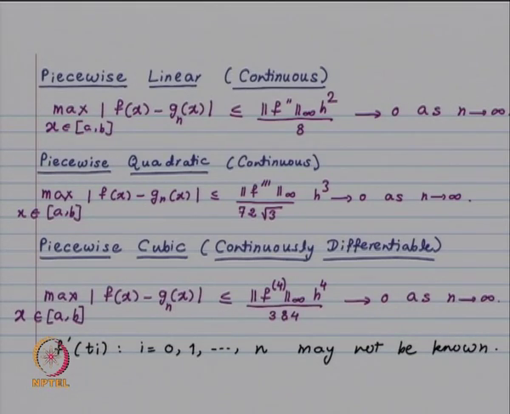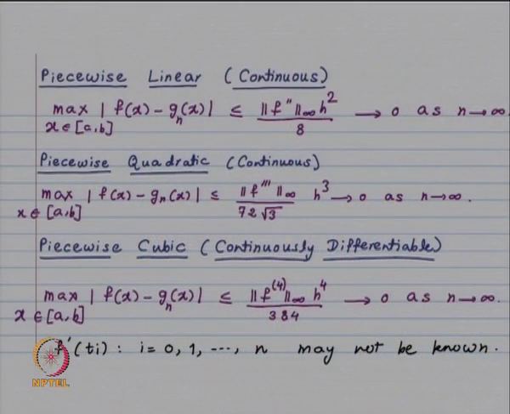So, the constants in the three cases are going to be different, but these are constants which are independent of h. In case of piecewise cubic Hermite interpolation, we have the error to be a constant times h raised to 4, which will tend to 0 faster than in the case of piecewise linear and piecewise quadratic polynomials, and in addition our function is continuously differentiable.